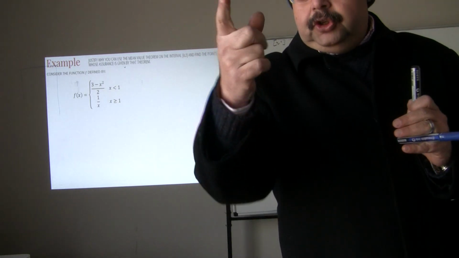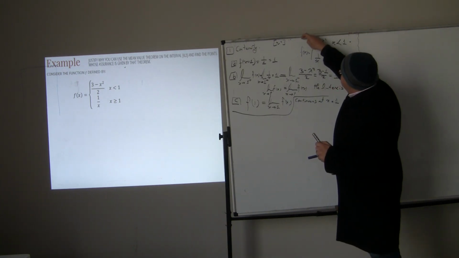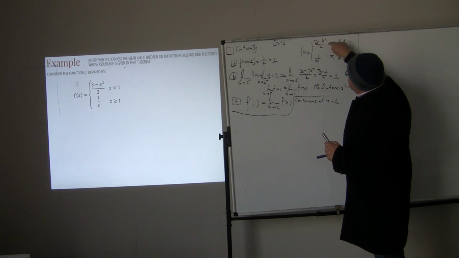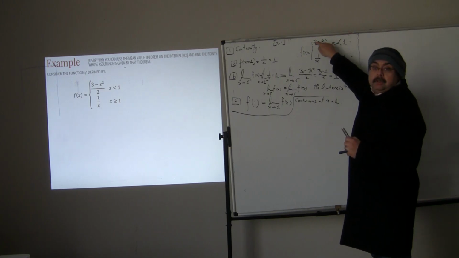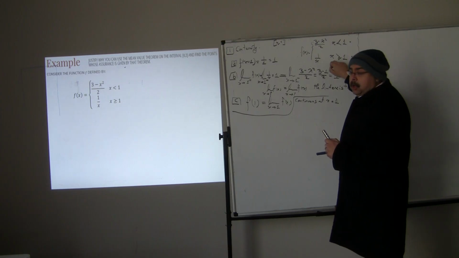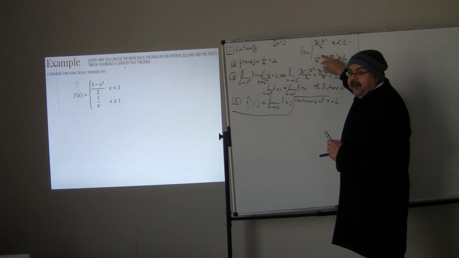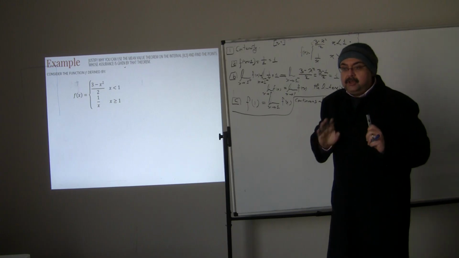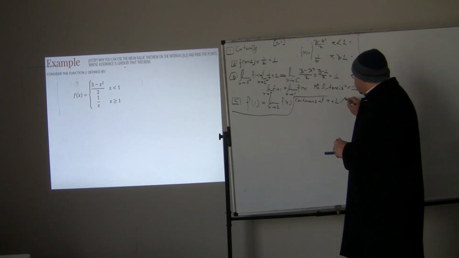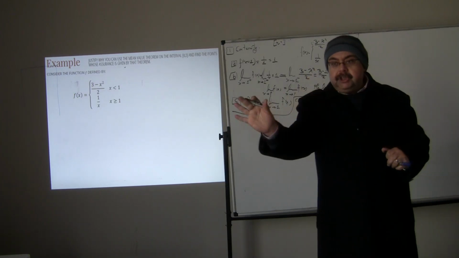Yes. Do you know why? Because for the period from 0 up to 1, we have just a polynomial, which is continuous. And for x greater than 1 up to 2, we are dealing with a rational function, 1 over x, and there is no problem with 1 over x through the interval from 1 to 2. So this function is continuous on all x values from 0 up to 2. So the first condition is okay.